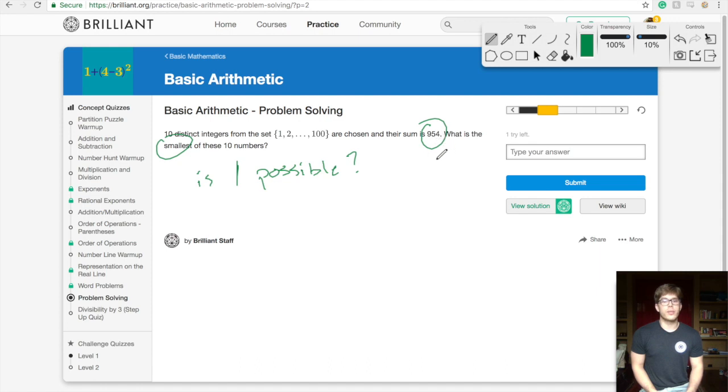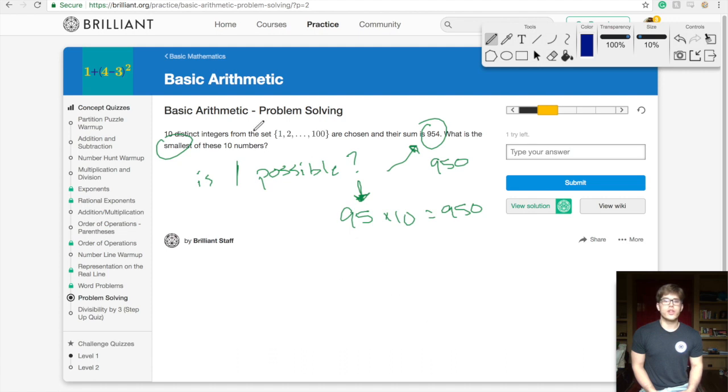The closest round number is 950. And 950 with 10 numbers is going to be 95 times 10 equals 950. So this is saying the average of our numbers needs to be 95. And actually, it needs to be a little bit more than 95 since the sum is actually 954. And our numbers need to be different.